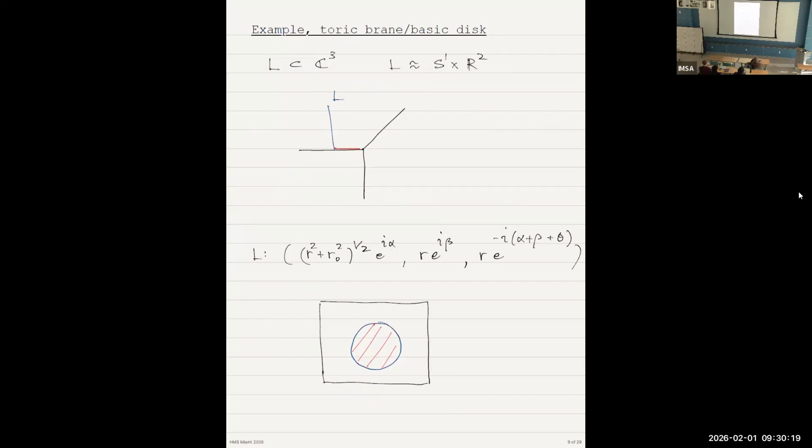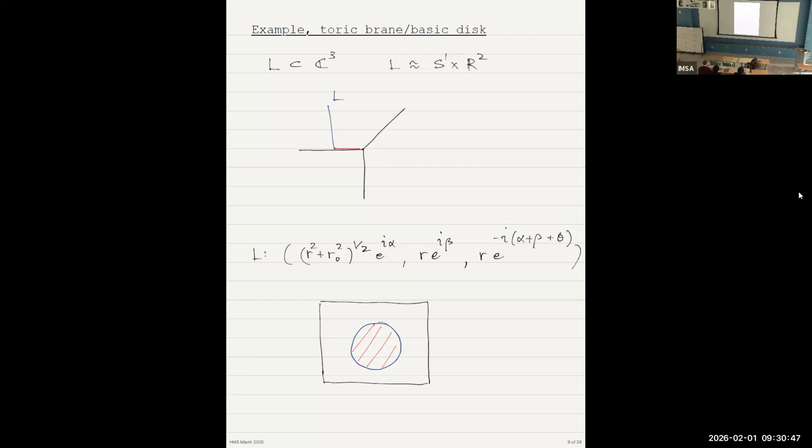So I want to stay for a little bit longer in this Skein counting introduction. The full Skein calculation is in this case kind of well known, but this is the toric brane, and we can count the holomorphic curves ending on it.